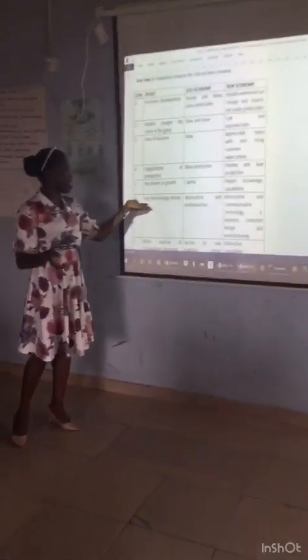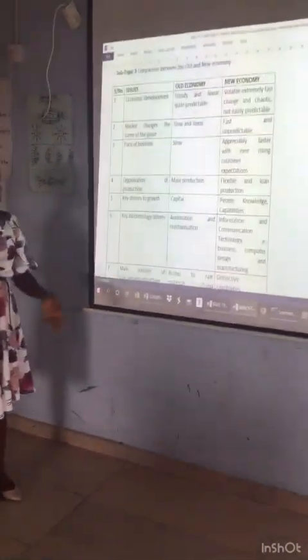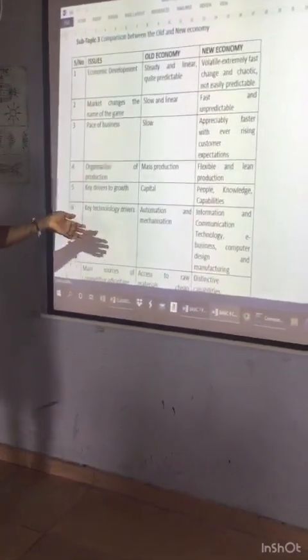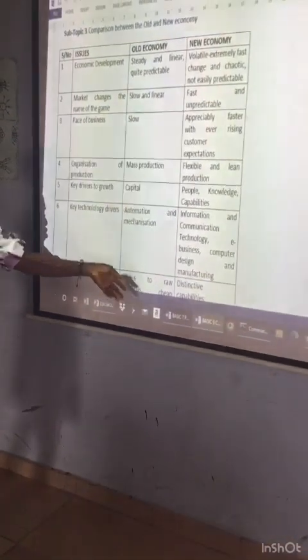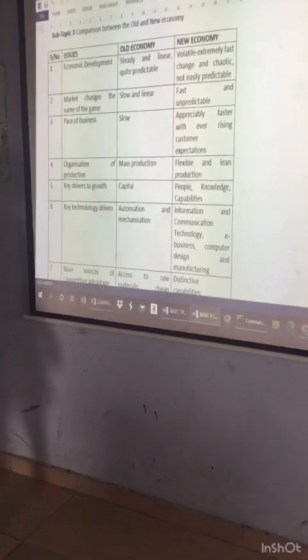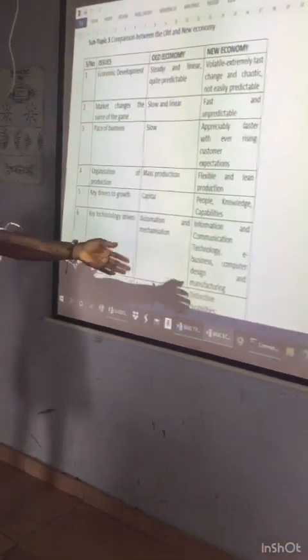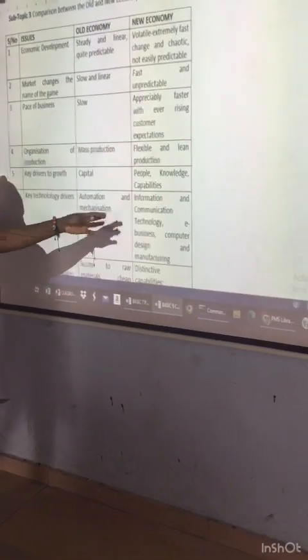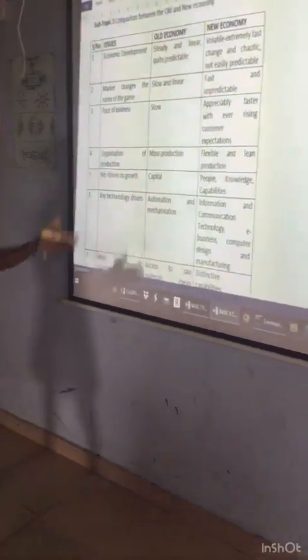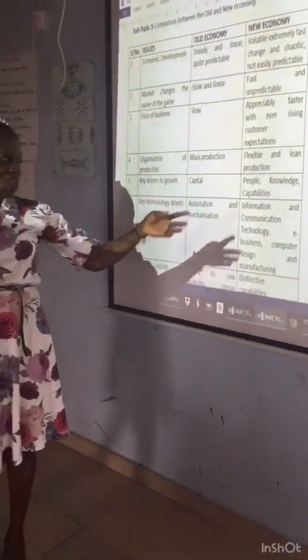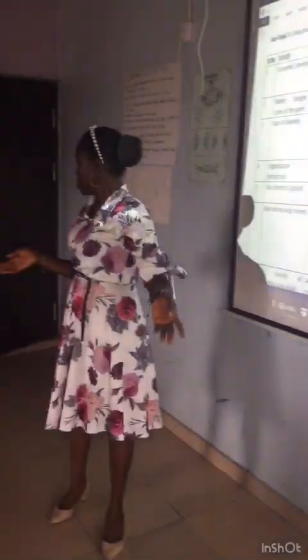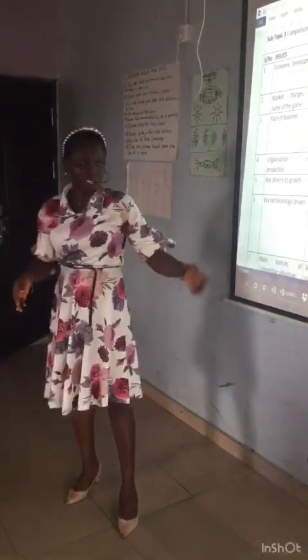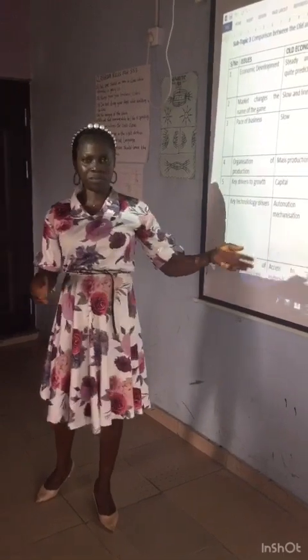We also have key technology drivers. In the olden days economy, we had automation and mechanization. But in the world of today, we have information and communication technology, we have e-businesses, we have computer design and manufacturing.